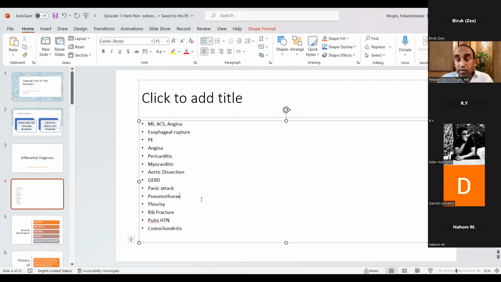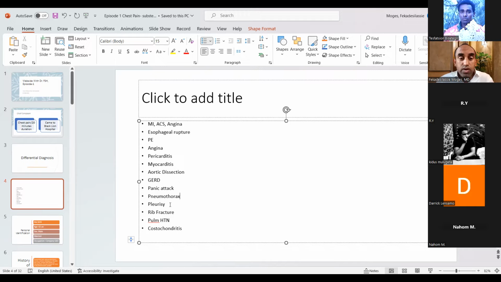Panic attack is a very good differential diagnosis. Is it common in the elderly male? That's something we can debate, but it is a good differential. If it was a young female with certain risk factors and a history of panic attacks, or even if this is a first presentation, panic attack can be a potential differential diagnosis.